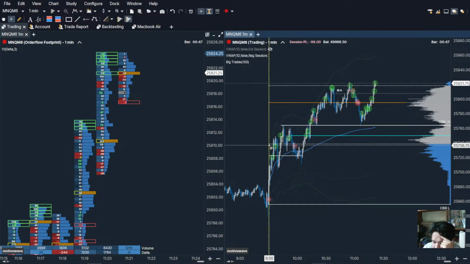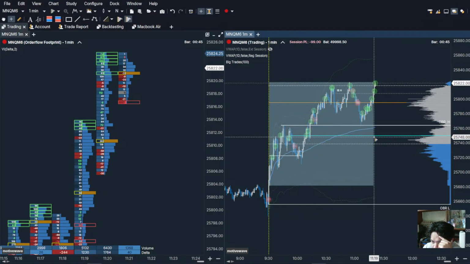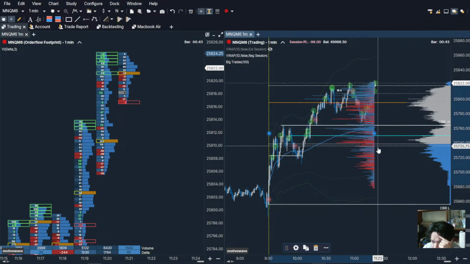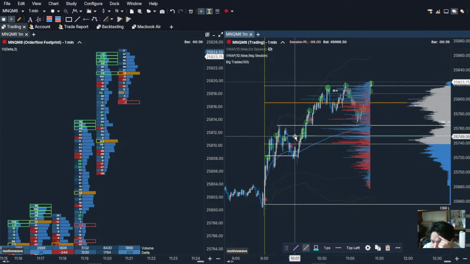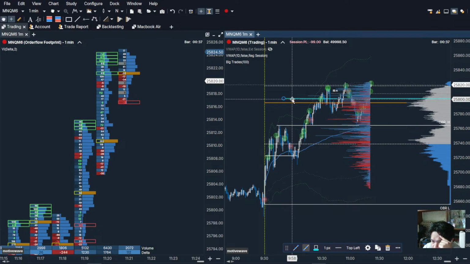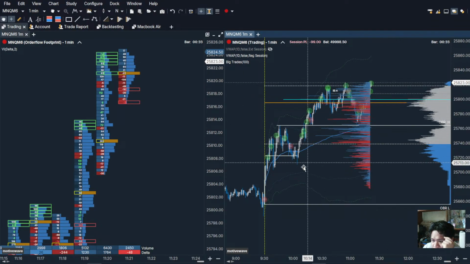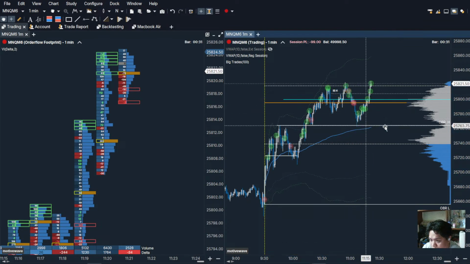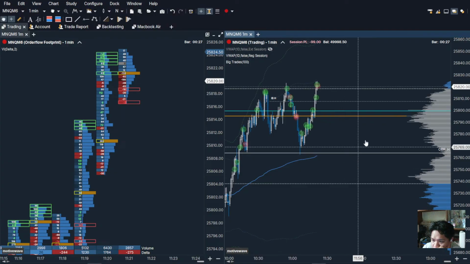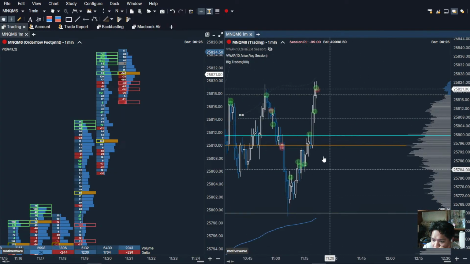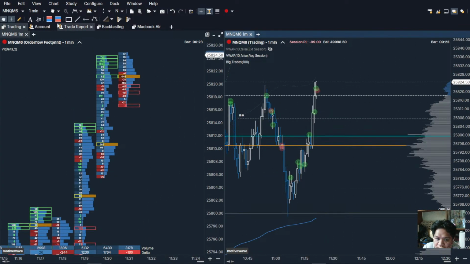Let's have a look at the next. See what we have. Pull back to there would be interesting. And then in this move towards the upside here, we can continue going up.